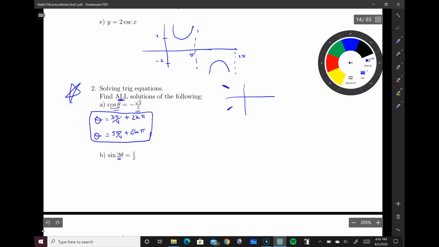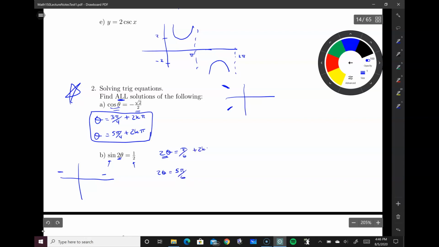All right, so now we're going to deal with the numbers inside the angles. So I want to find the angles, the 2 theta angles that give me the sine of 1/2. So I like to think in terms of pictures. So the sine is positive, the y values, a positive 1/2 here and here. So that's pi over 6, and 2 theta is 5 pi over 6.